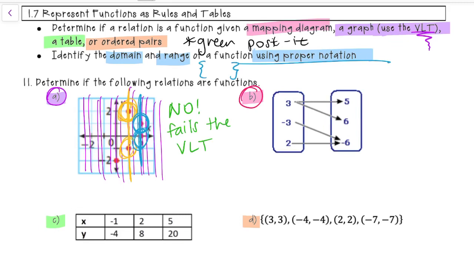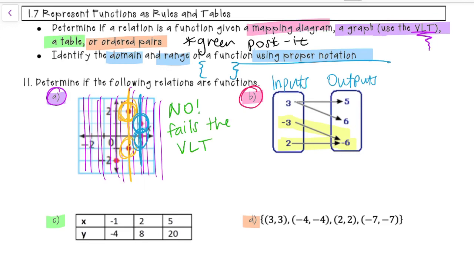In example B, we have a mapping diagram. When we've got a mapping diagram, we think about where our inputs take us and what outputs they go towards. If we notice our number -3 just maps to -6, that's fine. 2 also maps to -6, and that's okay too.